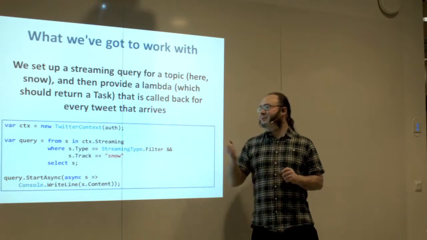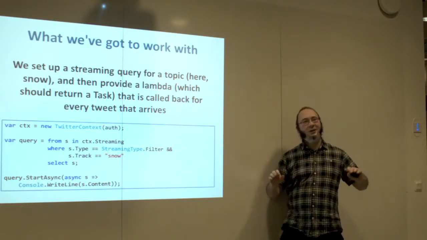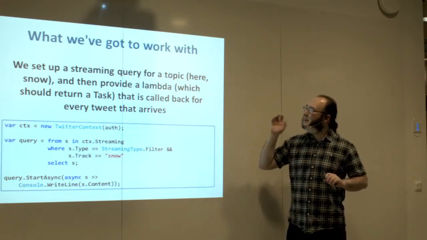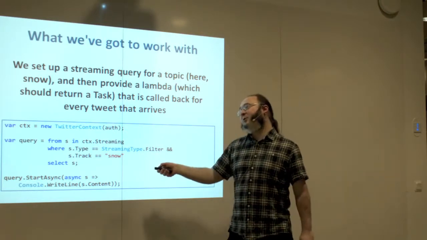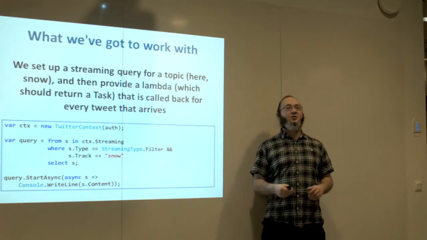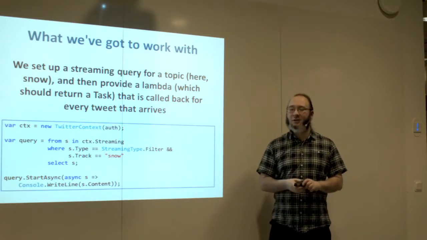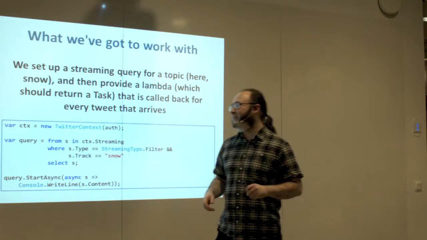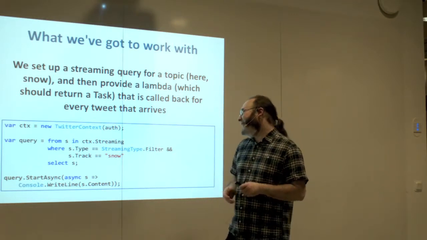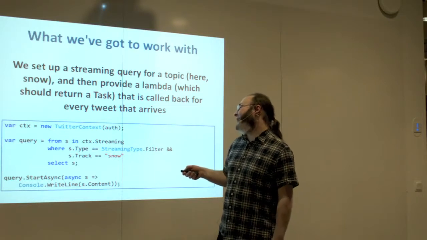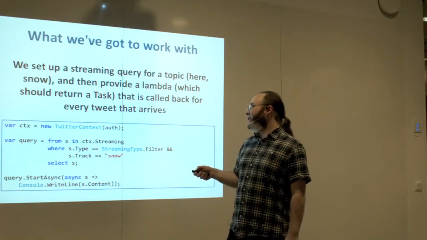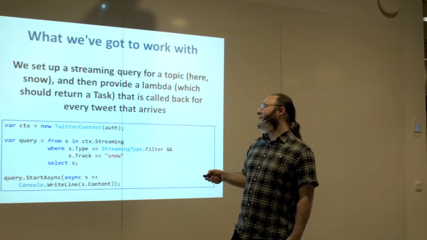So here is just a really small example, not at all involving Rx, okay? Just if I want to go and get Twitter to tell me every tweet where somebody mentions the word snow, okay, which they're doing quite a lot at the moment due to the weather conditions in certain parts of the world. Now, what we're doing, and this code isn't quite so important here, but we're just actually setting up the query over on Twitter, okay?